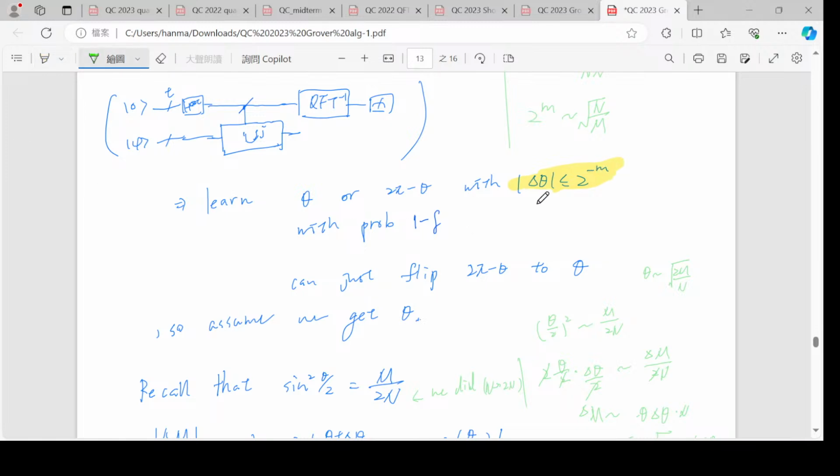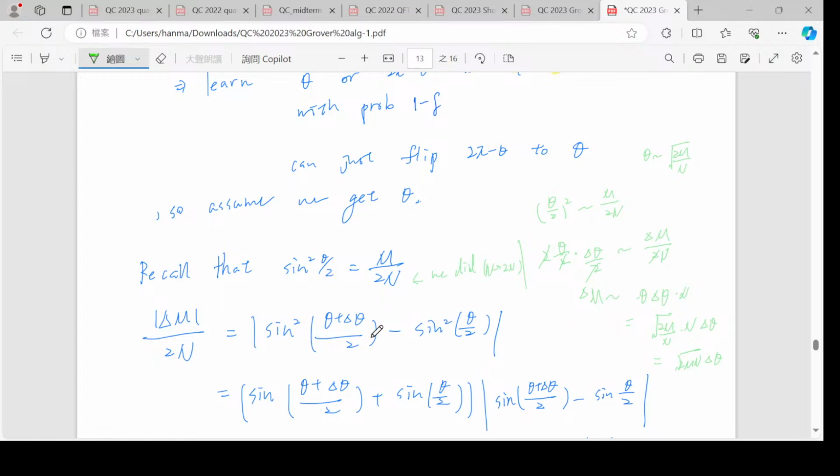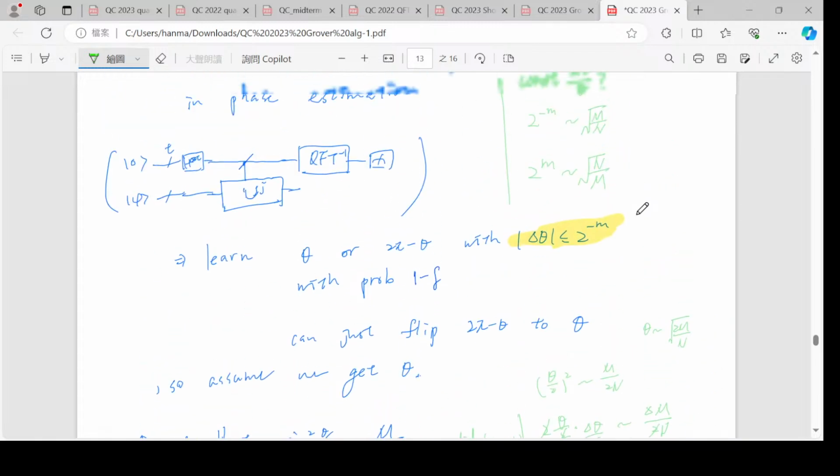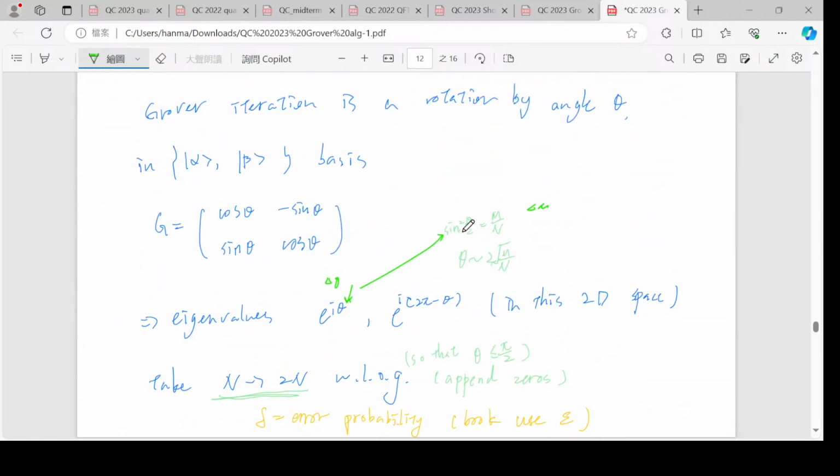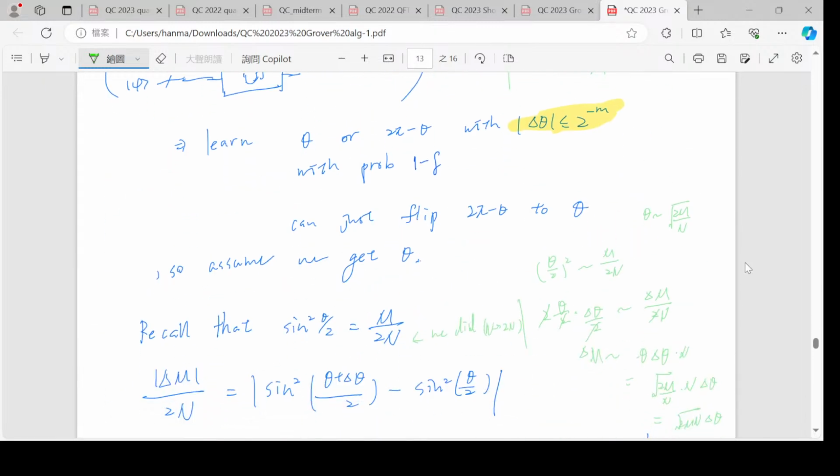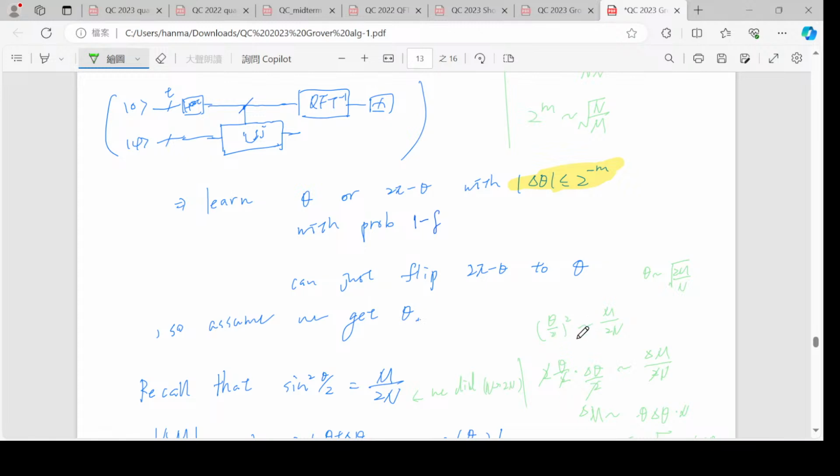Okay, so let's do a calculation sketch here. How does theta relate to m and n? We have sine squared of theta over 2.